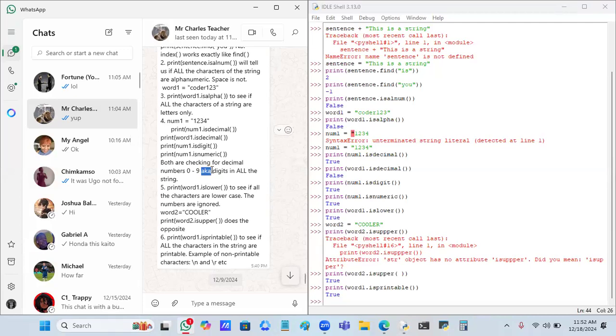Also known as digits in all the strings. Yes, that's what AKA means.